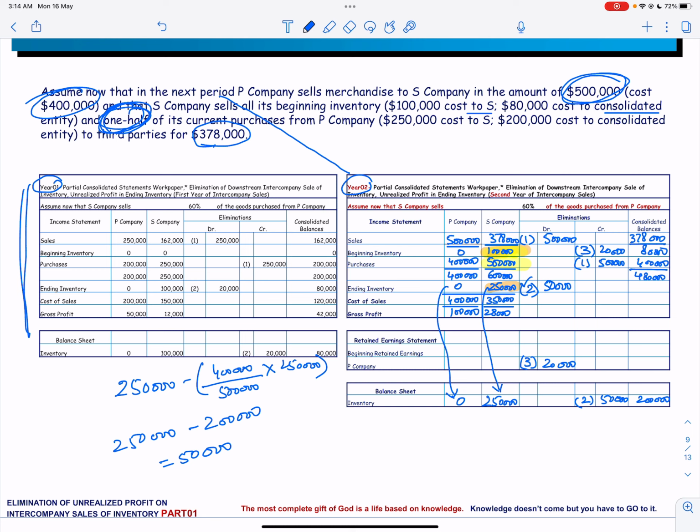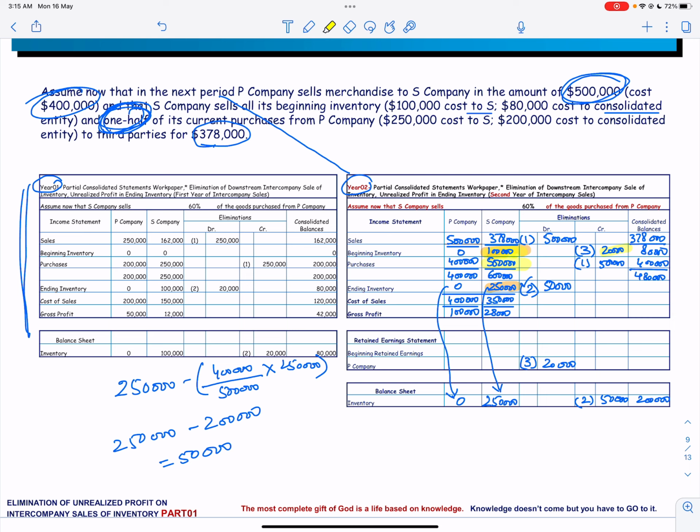You can see that for S company we have the beginning inventory of 100,000 and we have eliminated 20,000. And this is going to be 500,000. So we have eliminated 20,000 to the beginning retained earning of P company for cost or partial equity method.